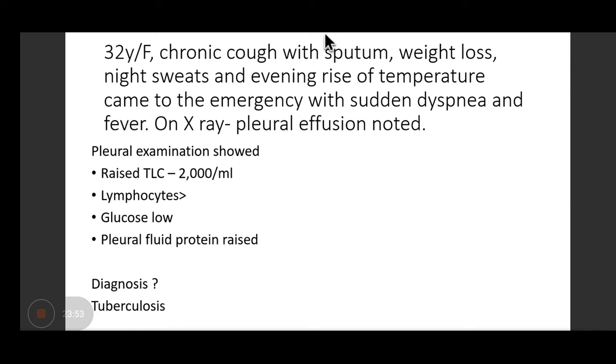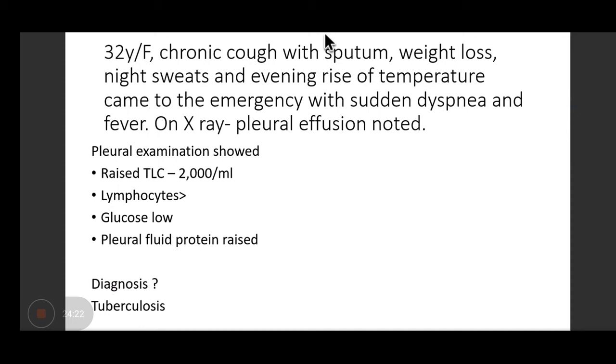Now, let's just modify this history. Instead of 32 years, if there is an elderly patient, a 75-year-old male with a history of smoking and also with weight loss, and he comes to the emergency with sudden dyspnea and fever, on chest X-ray you find pleural effusion.